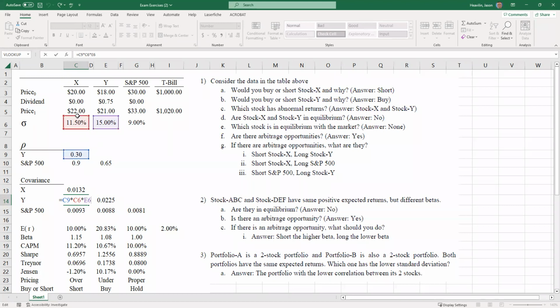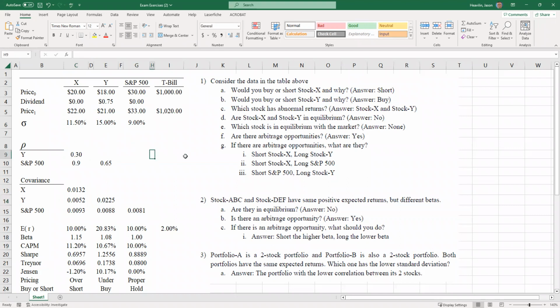You're multiplying those three together. The standard deviations of the assets multiplied by the correlation gives you the covariance. The same way you can get the covariance if you have correlation and standard deviation, I'm just going to do here on the side, you can get correlation if you have these other items.